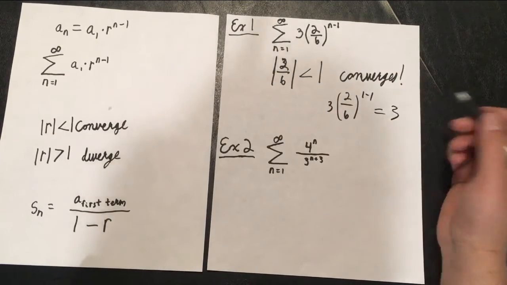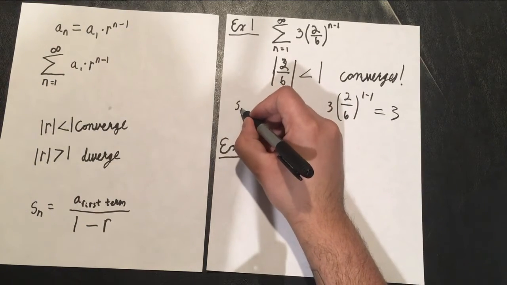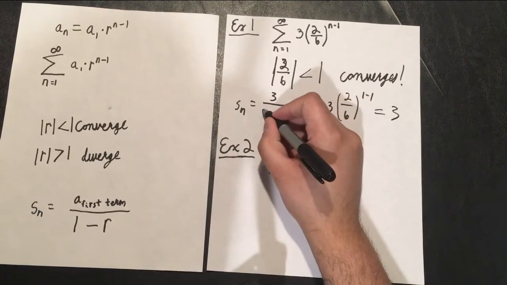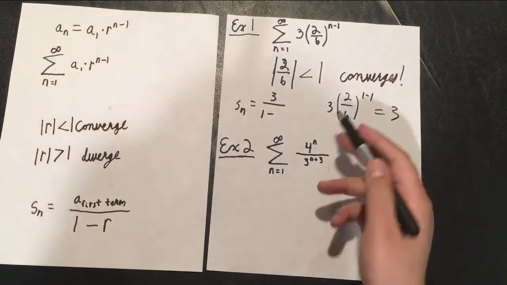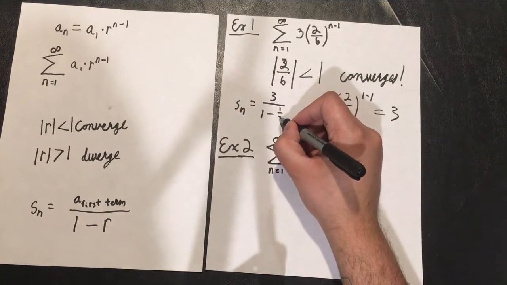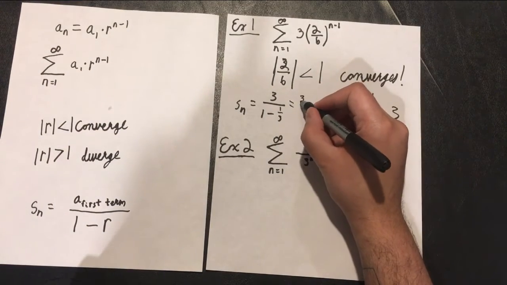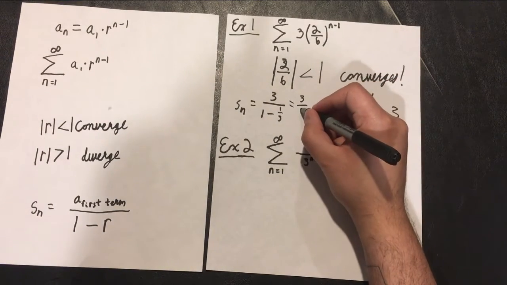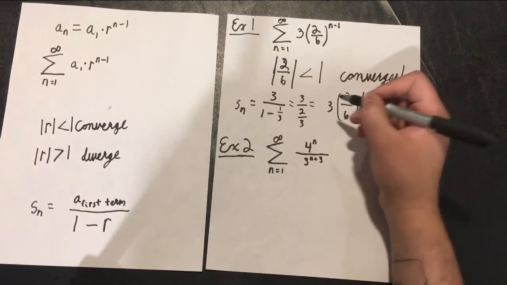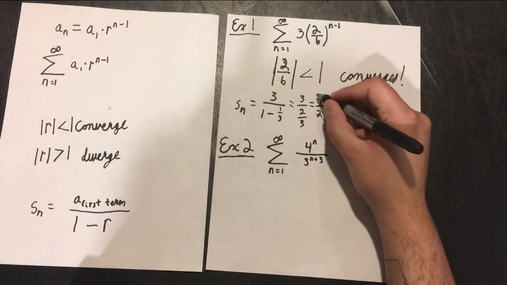It's trivial to see. So it's going to converge to 3 over 1 minus 2 over 6, which simplifies to 1/3. And just simplifying that down, 3 over 2 over 3, we'll find that it converges to 9 over 2.